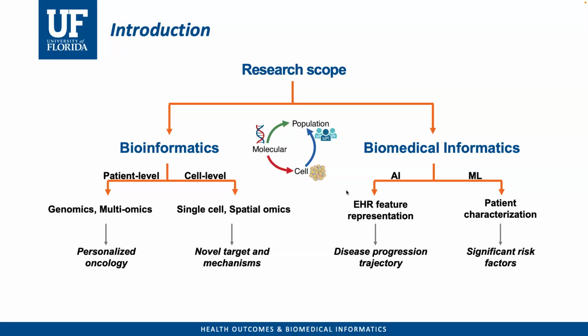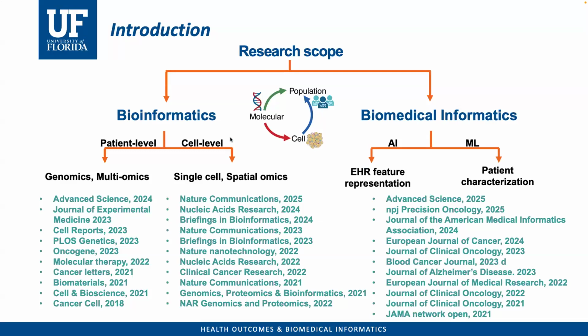So those are the two major branches of my research. We have demonstrated fruitful, high-impact journal publications in these different branches and using different types of data. The major goal is to use AI and machine learning to identify research findings and share them with the research communities.